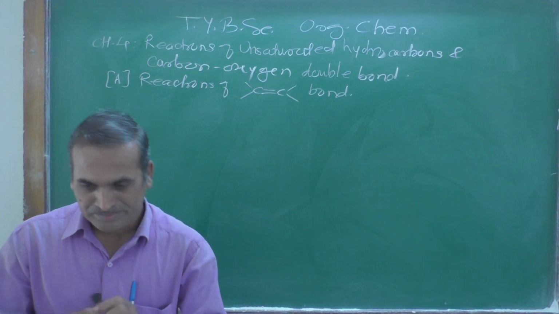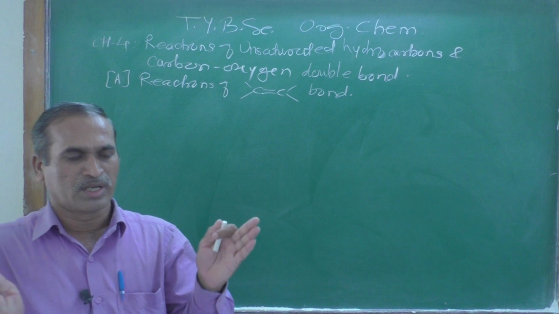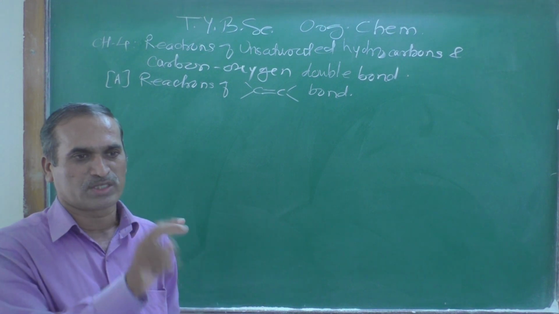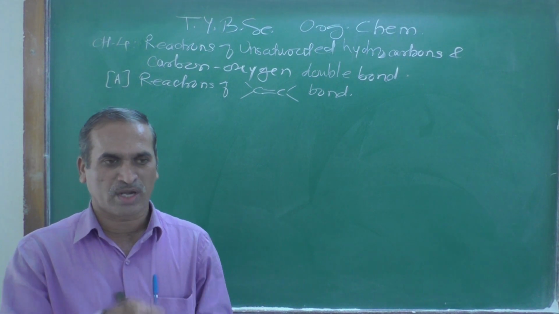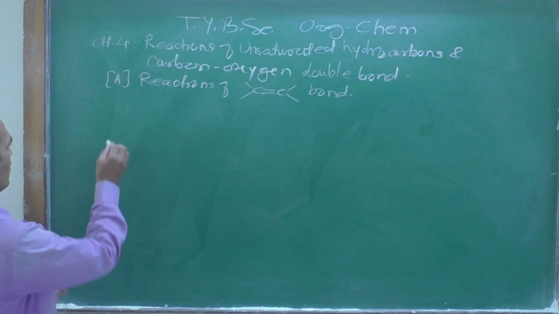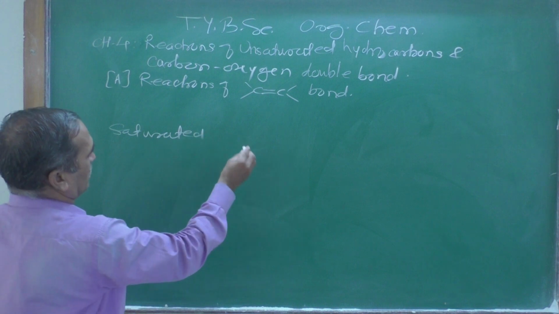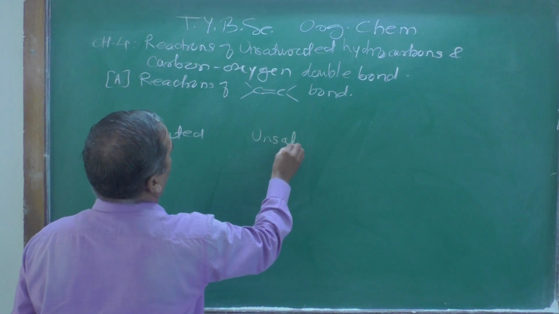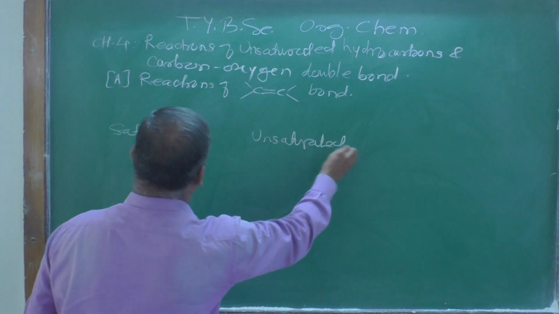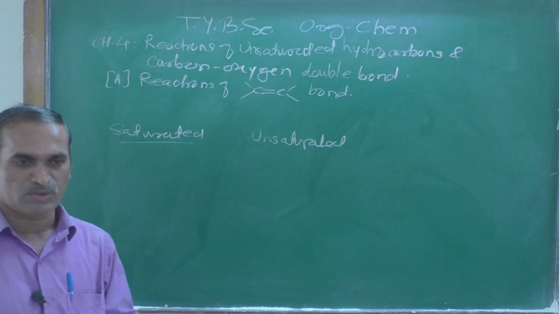We know that organic compounds are mainly divided into 2 types: one is called saturated, and another one is called unsaturated.